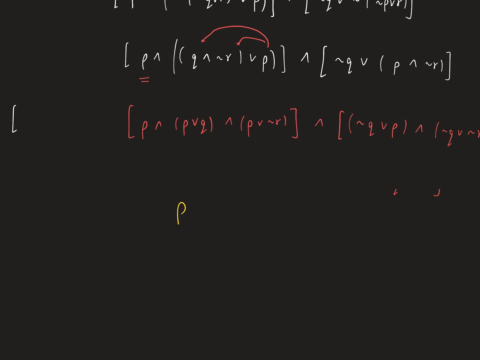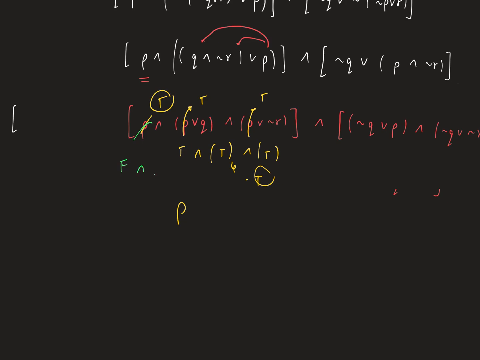So how do I know? For example, if I substitute P as true, this one here will be true, and this one true. So it's going to be true and true or Q, which is always true, and true or not R, which is always true. So the result is true, or in other words, it is P. And what if I substitute P as false?